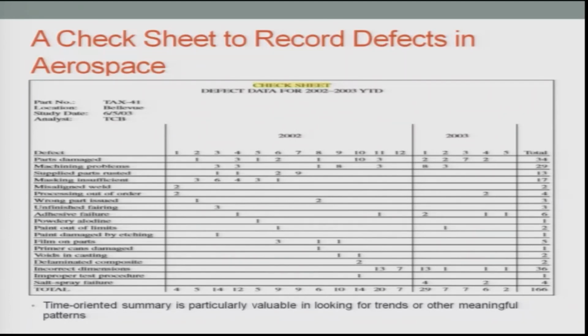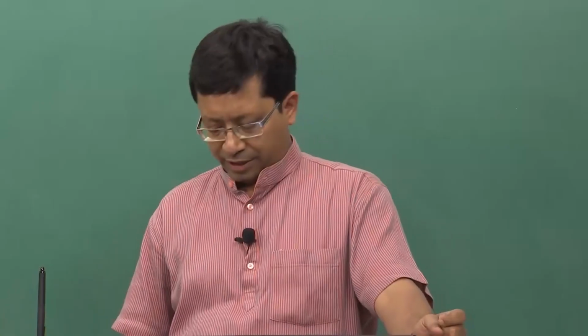They can be supply parts rusted, misaligned weld, paint out of limits, voids in casting. All the different defects are marked on the leftmost column. A time-oriented summary is particularly valuable for looking for trends or other meaningful patterns, to understand how the overall process is going and whether there are aberrations on which you can take immediate action to reduce variability.